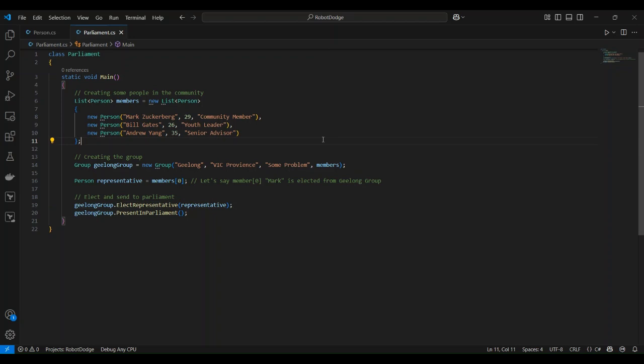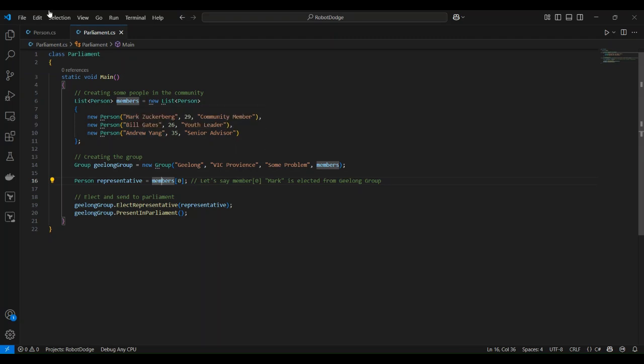So you can see there is a list of members, and in each there are different people, because in a real life scenario there are different people in a group, and those members are assigned to a group. And let's say this member is elected from their group, and it will represent and reference their group.